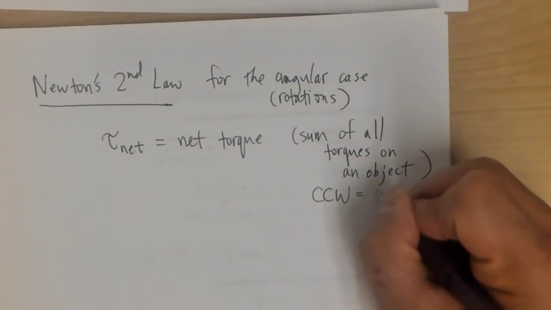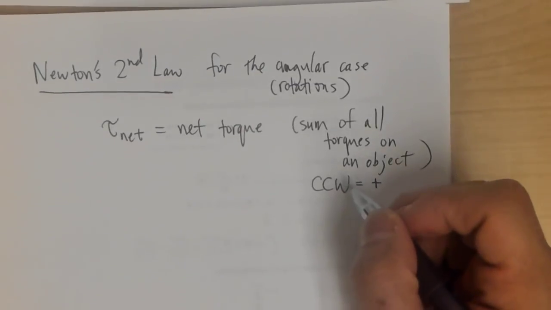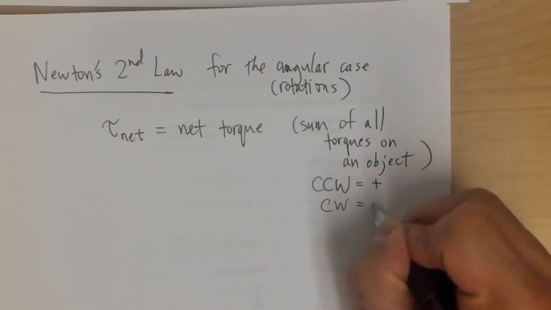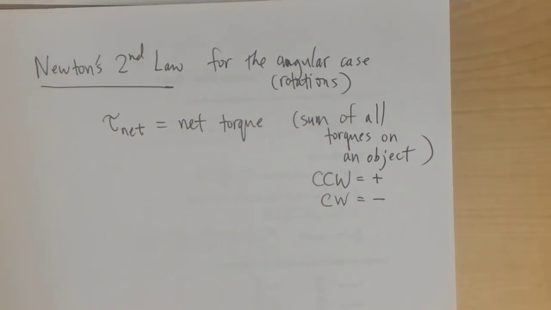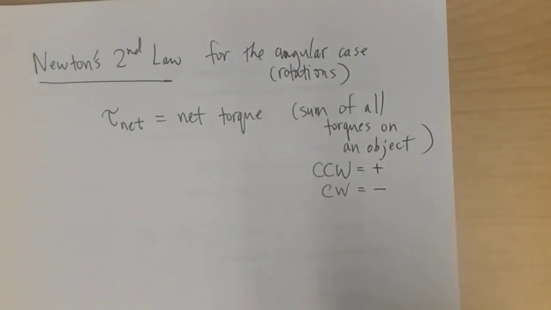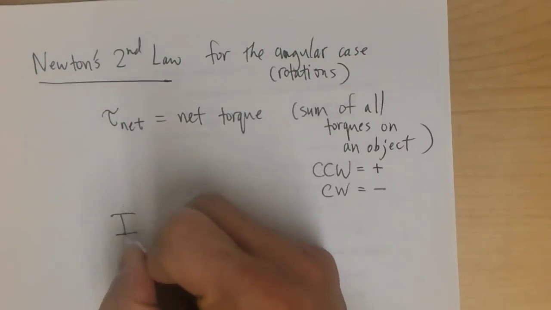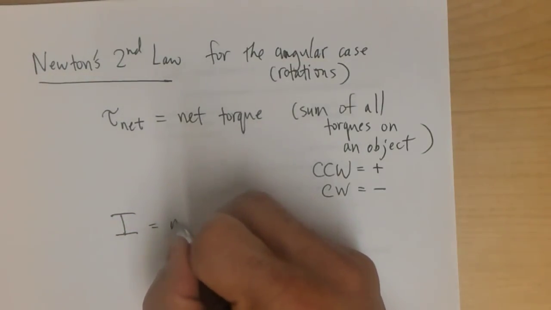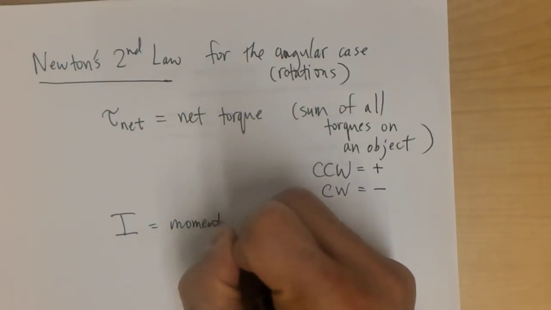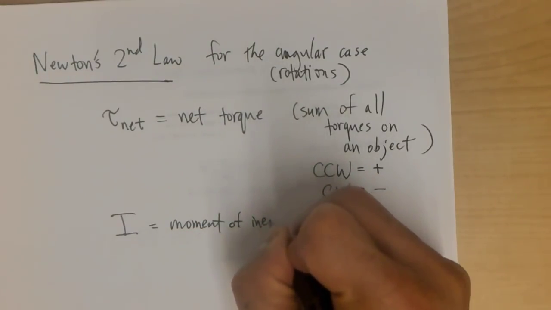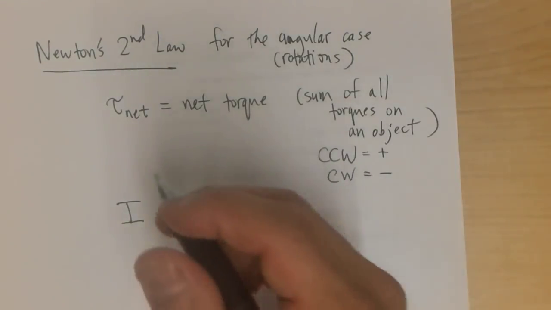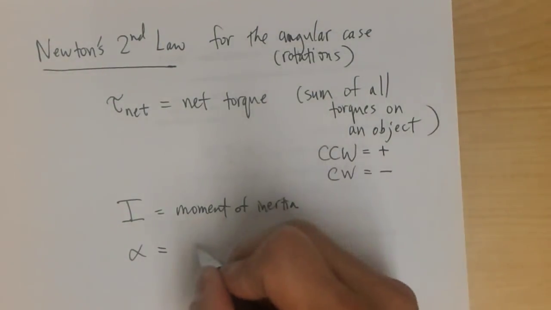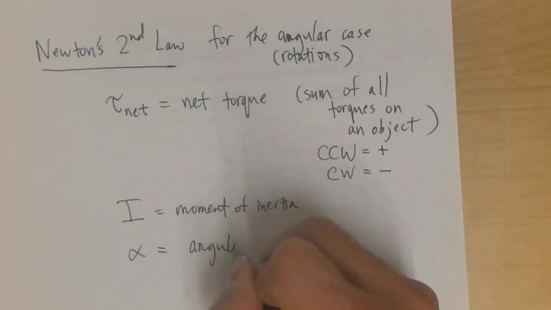So you can use this symbol: counterclockwise equals plus, clockwise equals minus. That will keep track of the orientations. Now, we said we have this moment of inertia. And we also have angular acceleration.